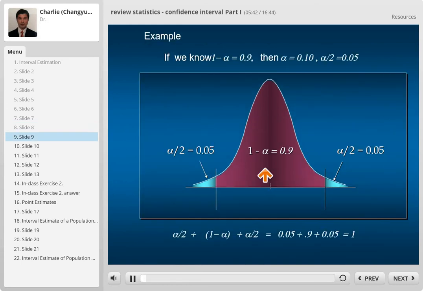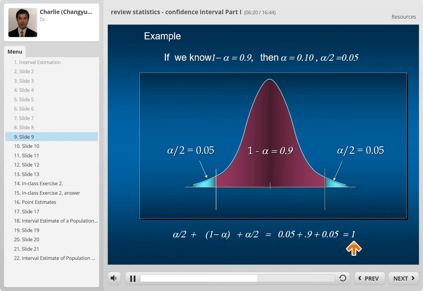Now if the middle part is 1 minus alpha equals to 0.9, and we have two equal sized tails, the left hand is alpha over 2 equals to 0.05, right hand alpha over 2 equals to 0.05. Then alpha over 2 plus 1 minus alpha plus alpha over 2 equals to 0.05 plus 0.9 plus 0.05 equals to 1.